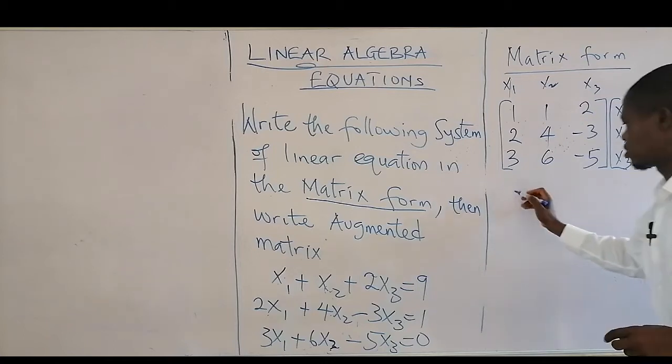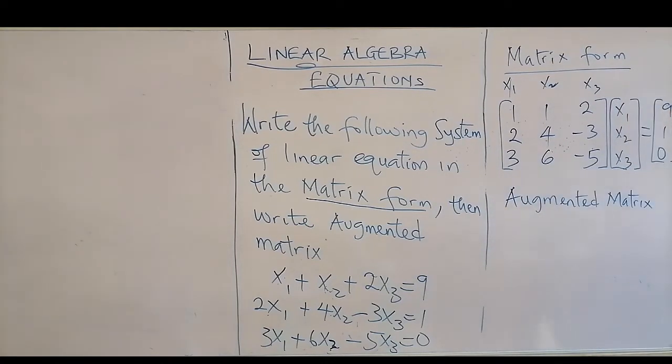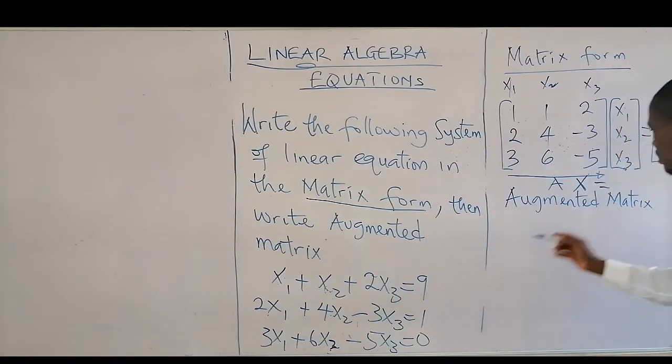Then the next one is the augmented matrix. In augmented matrix, what we do is combine this one, the coefficients, this is your A, and this one is X, X1, X2, X3. We use a capital letter to represent that, equal to this right hand side, which is the B. So in augmented matrix, we are only combining the A and B together.